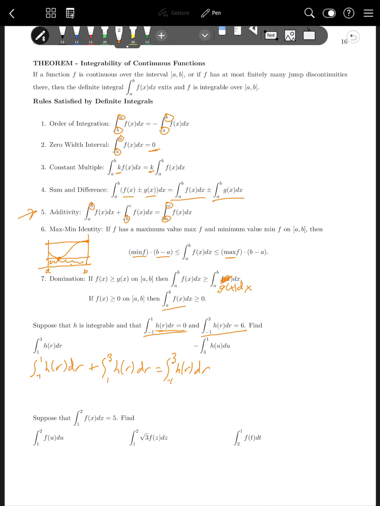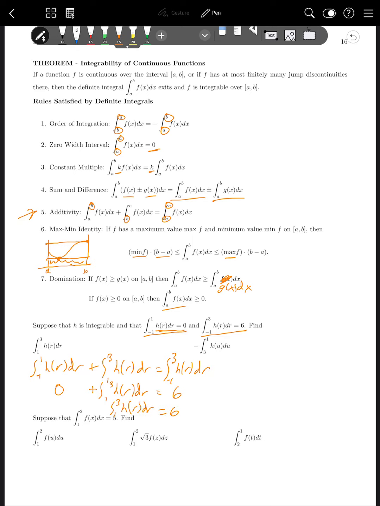And we know what h of r dr is. It's 0 from -1 to 1. I don't know what it is from 1 to 3, so I'll leave that alone. And I do know what it is from -1 to 3, which is 6. Add these two together, and we just get that the integral of h of r dr from 1 to 3 is 6. Okay, so that's the idea, using that rule.